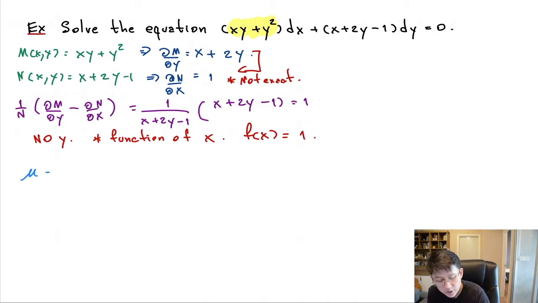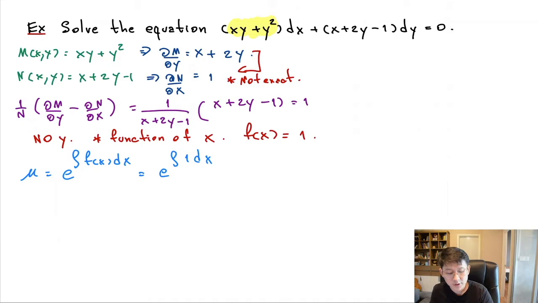Mu is e to the integral of f(x) dx, which is e to the integral of 1 dx, which is e to the x. So we know that if we multiply e to the x to the equation, which I'll call star, we must receive the exact equation, right?